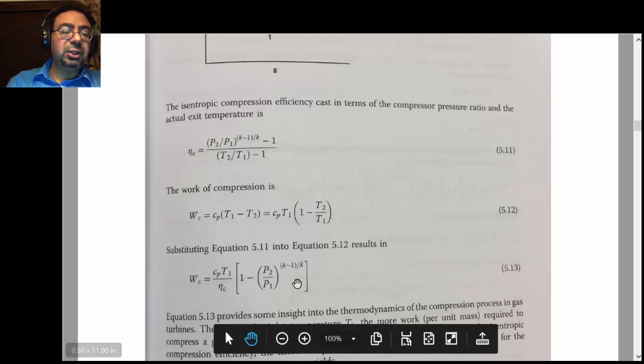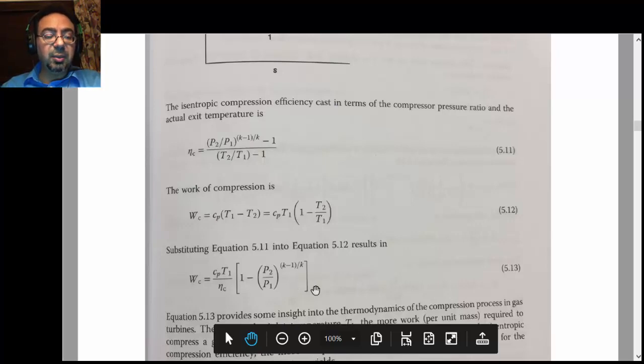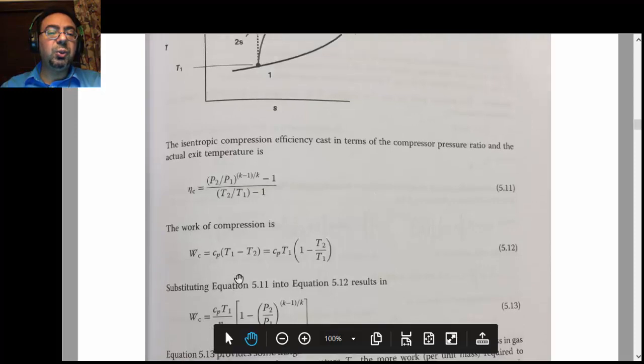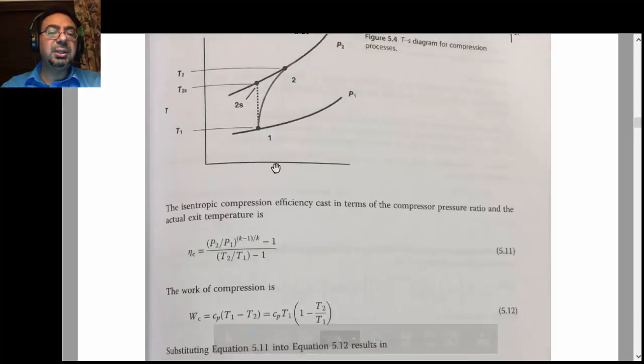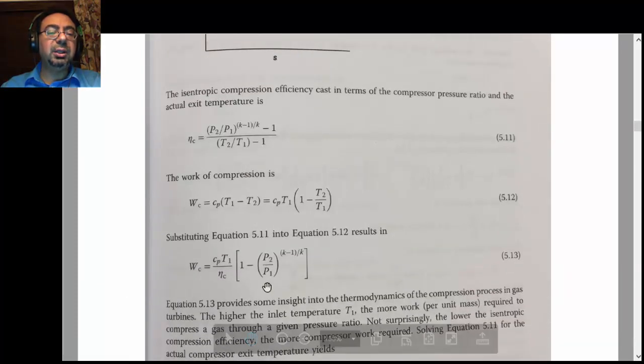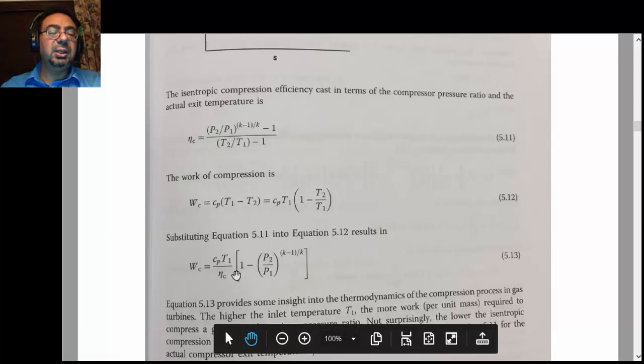That expression is very useful if you have the textbook in the exam or the quiz, and he just asks for how much work the compressor needs, and he gives you T1 and the pressure ratio. You can just go ahead and use that expression immediately, P2 over P1 and T1.